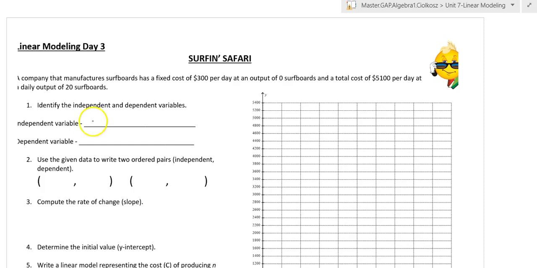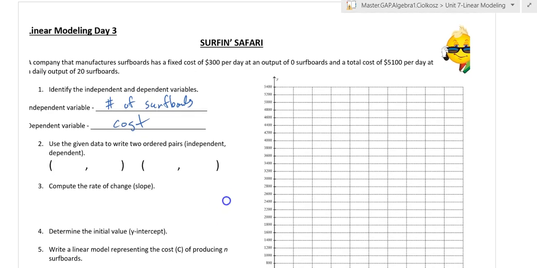So our independent here, the thing that's going to affect it, would be the number of surfboards. So our independent is always the number of things we're selling or how long something takes. The dependent is usually a cost or how much we're going to make. So here it's that cost per day. So our 2 ordered pairs, well, for 0, it's 300. For 20 surfboards, it's 5,100.